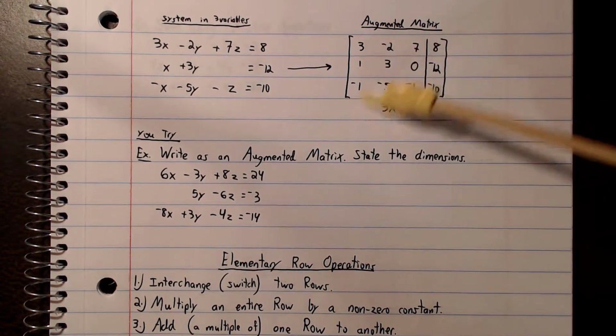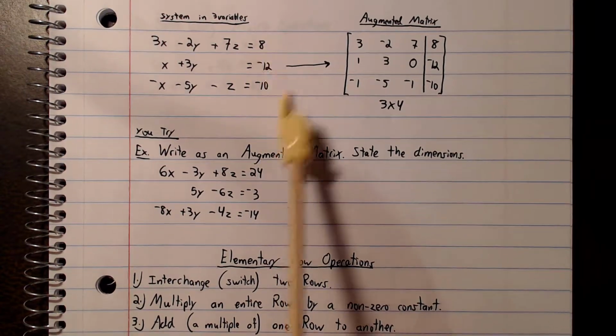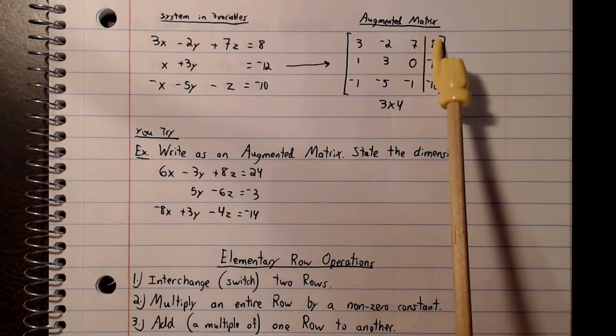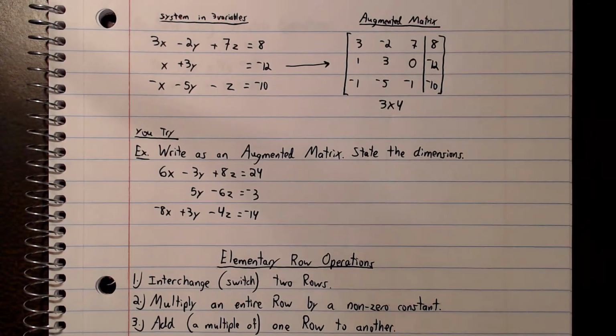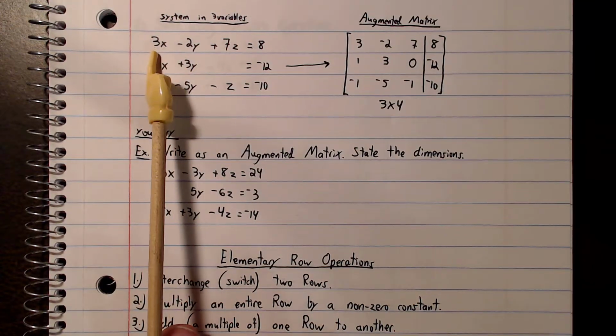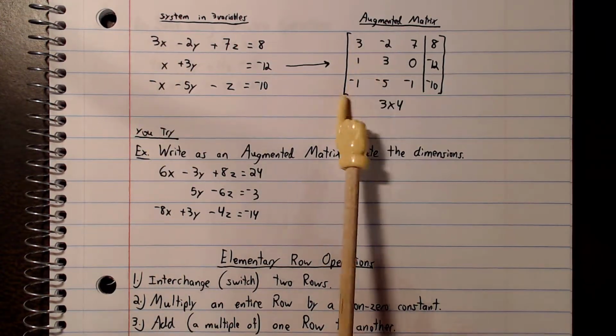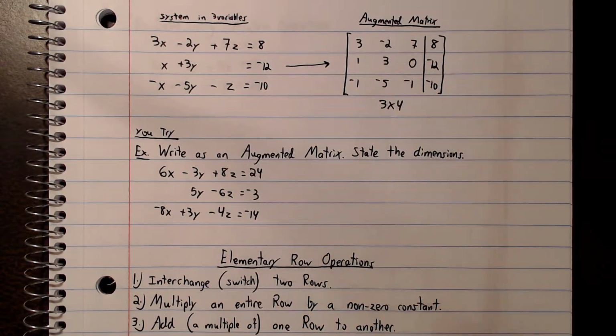This would be our x column, our y, and our z. Then we keep our solution separated over on the other side. We call that an augmented matrix. Notice how each of these coefficients lined up. We were missing a z here, so we filled in with a 0.